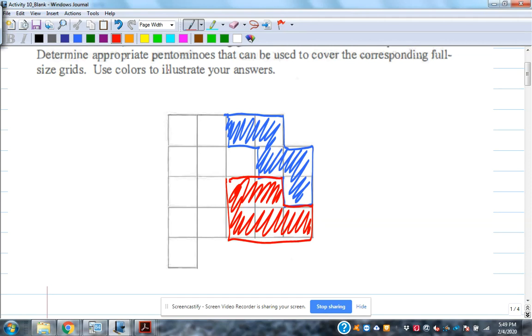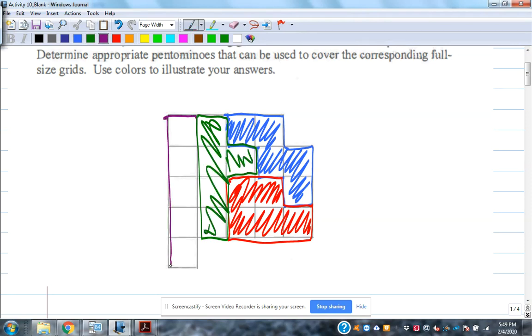And then I'm going to use the Y shape, which is this one, to fill in that gap. And then the last one, I used the I. So the ones that I used were I, Y, W, and P. So I'm just listing the pieces that I used to fill that. That's not the only answer to that puzzle. There are other ones that work. That's the one that I did today.